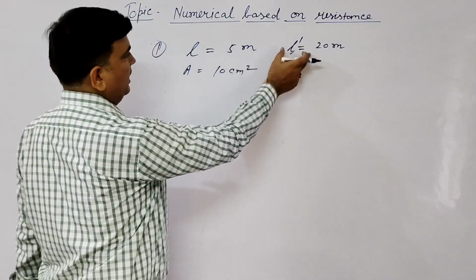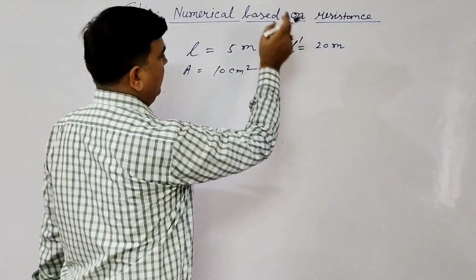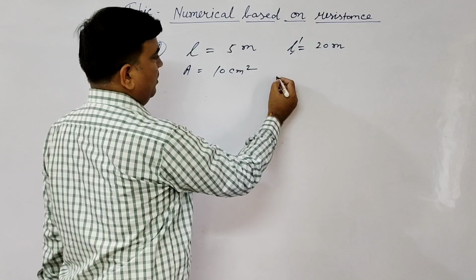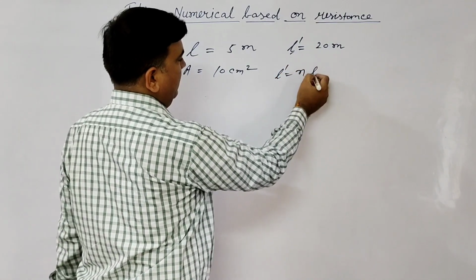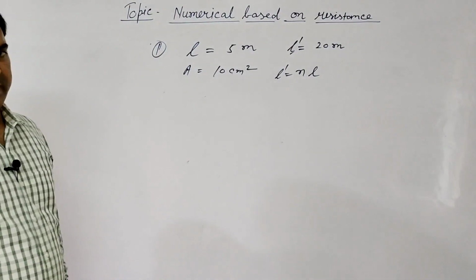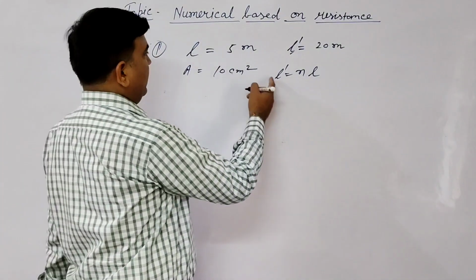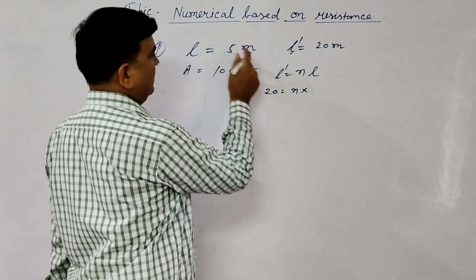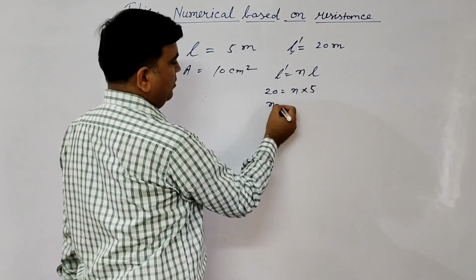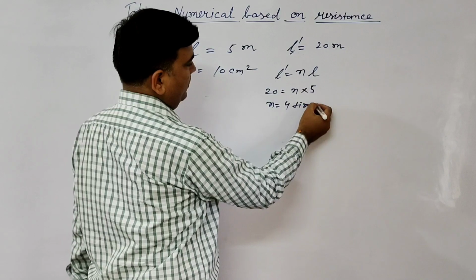Now see what is the relation between L and L dash. Everyone knows L dash equals nL, n times of L. Here L dash is given as 20 and the initial length is 5, so n equals 4 times.